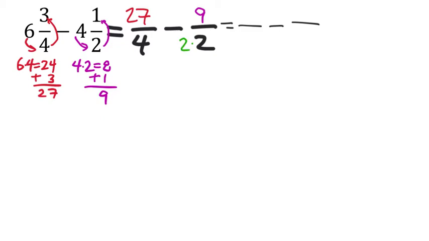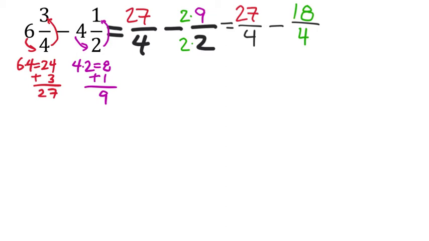It's just, if I do it to that denominator, I know I would need to multiply it by 2, right, to make it 4. And 2 times 2 is 4. If I do it to that denominator, I must also do it to the numerator. So that's 2 times 9, which is 18. So that's a new numerator. Now, the nice thing about this is I did not need to do anything to that first fraction. So it's still 27/4. But see now that the denominators are the same, which is really the main objective.